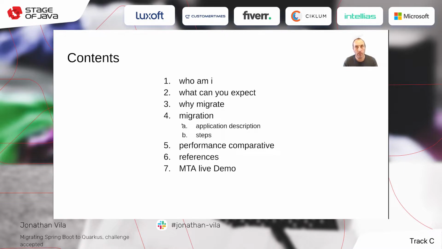Don't take those metrics as super deep and detailed information. It's only an order of magnitude that you can expect. I think those are good metrics to see if you are going to get any benefit from migrating an application.